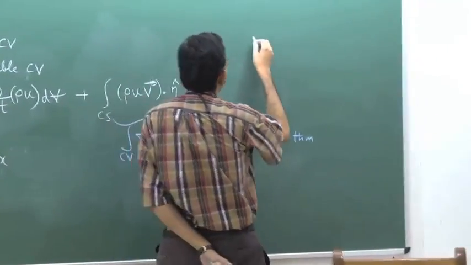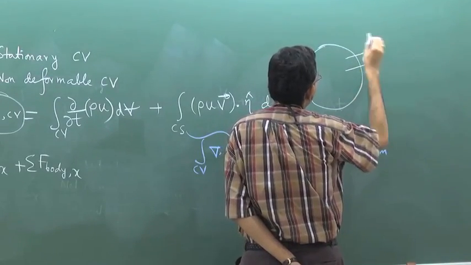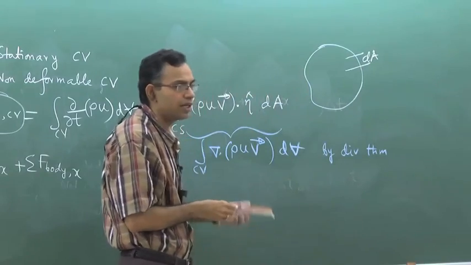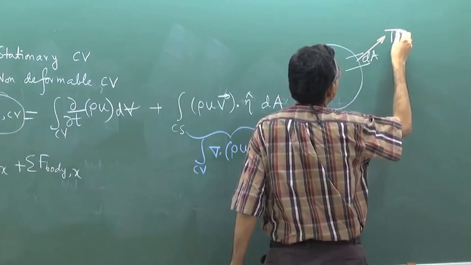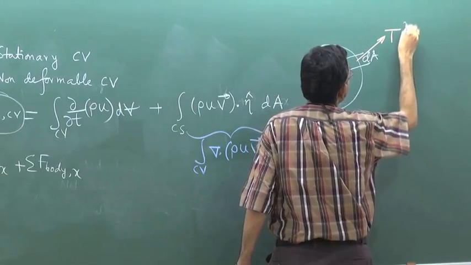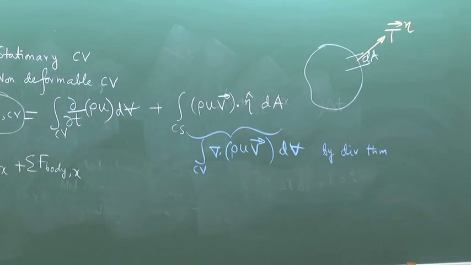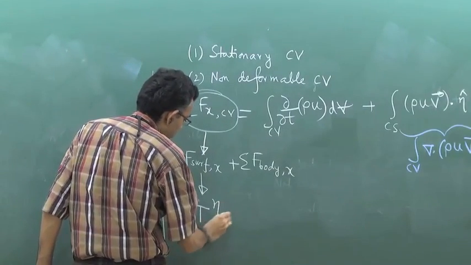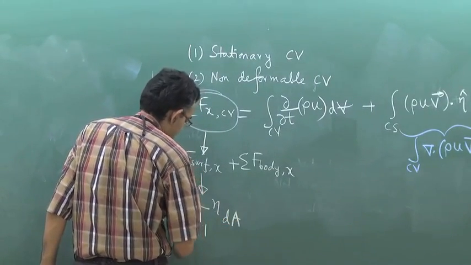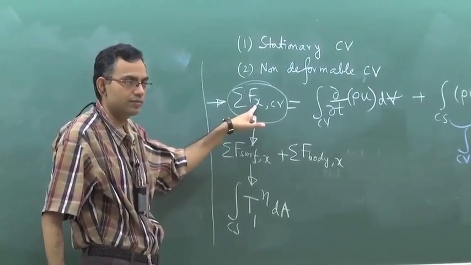So, you consider an arbitrary surface dA, then the force per unit area on this arbitrary surface is what? So, you can write the surface force, and why this subscript 1? Because we are interested in the component along x.